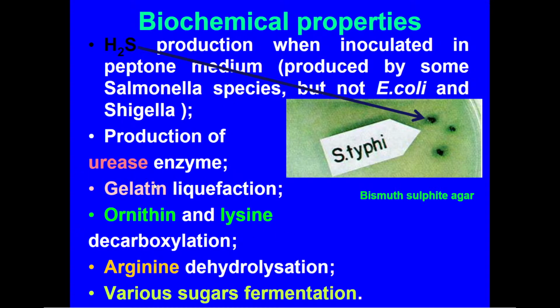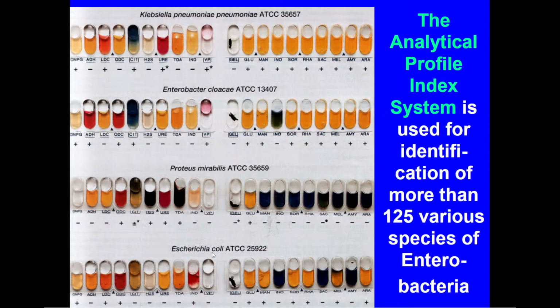Then production of urease enzymes, gelatin liquefaction, some amino acid decarboxylation, arginine dihydrolase activity, and a lot of others, my dears, when we would like to identify Enterobacteriaceae, and altogether we have around 125 species.